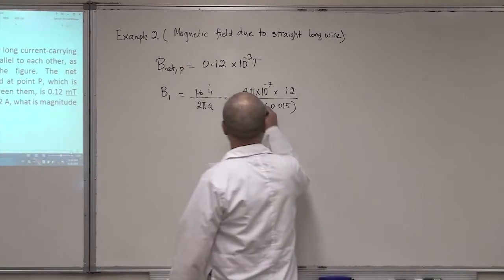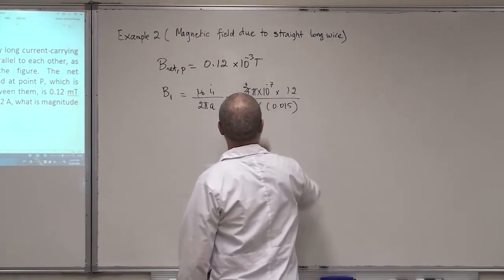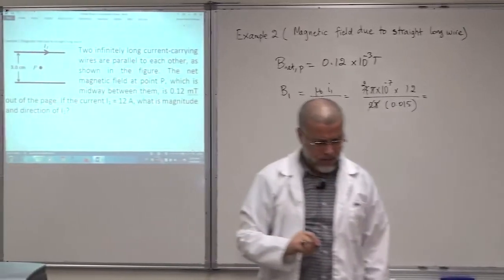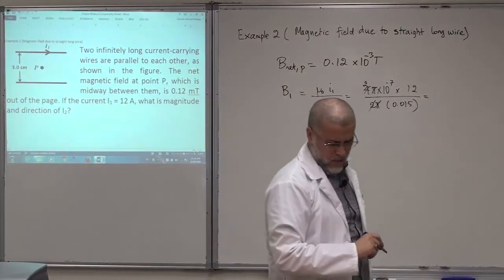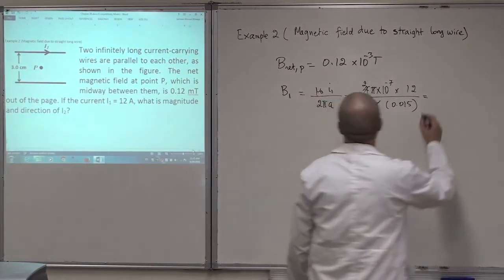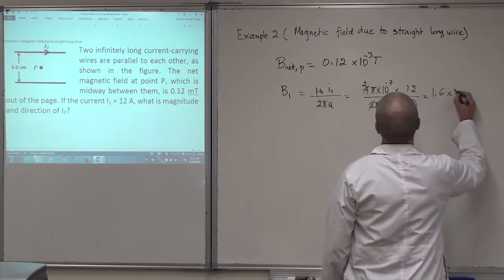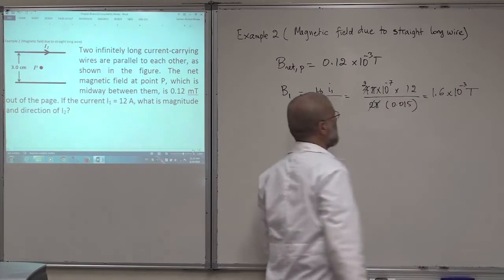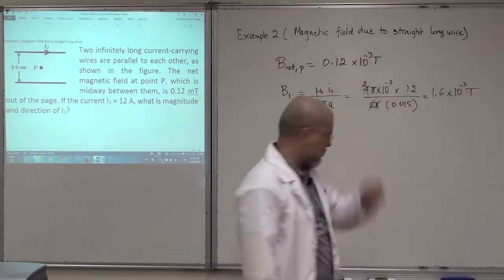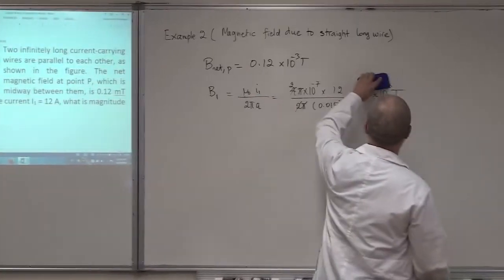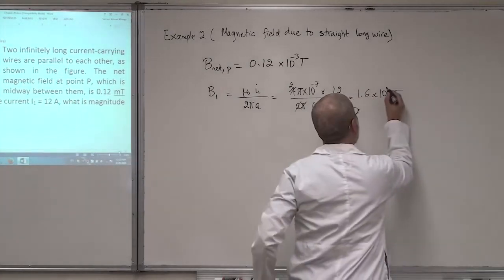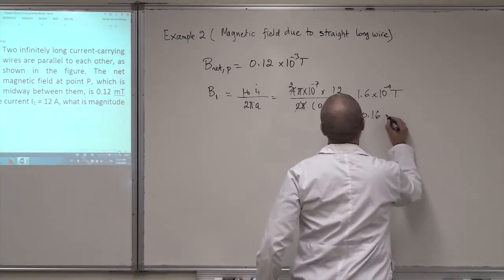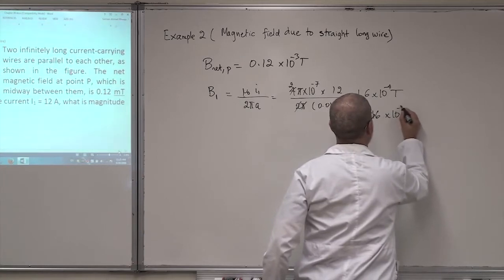So the π will cancel, the 2 will cancel, and if you do the calculation correctly, you should get 1.6 times 10 to the power minus 4 Tesla, or 0.16 times 10 to the power minus 3 Tesla.